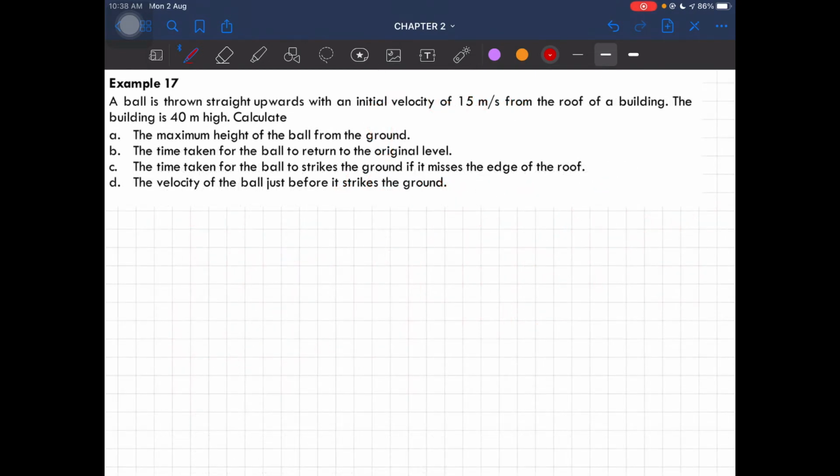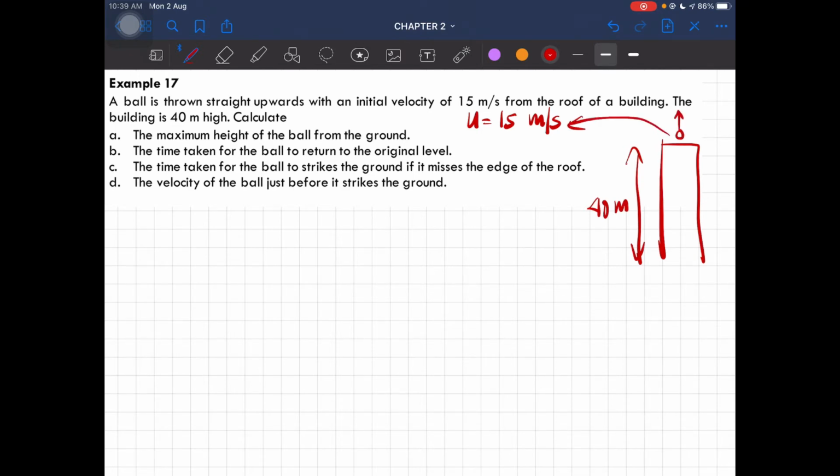Alright, example 17. A ball is thrown straight upwards with an initial velocity of 15 meter per second from the roof of a building, in which the building is 40 meter high. Okay, so let's draw. This is 40 meter. Then we have a ball being thrown upwards at a velocity of 15 meter per second.